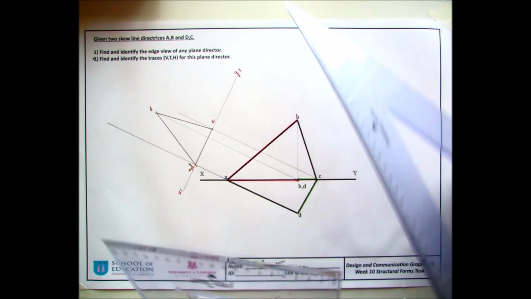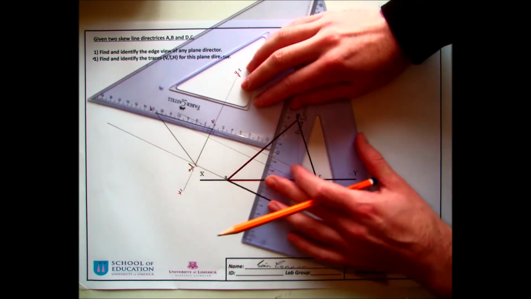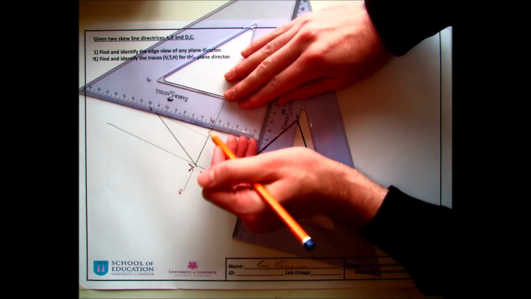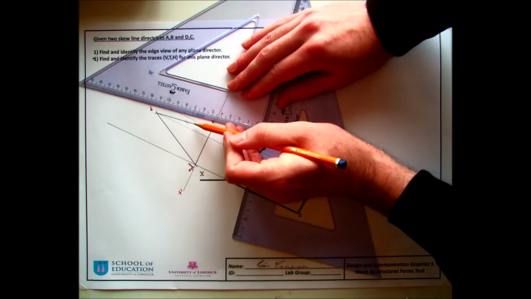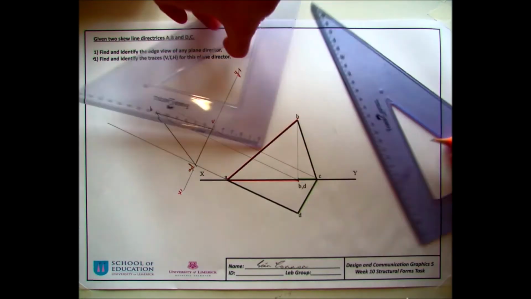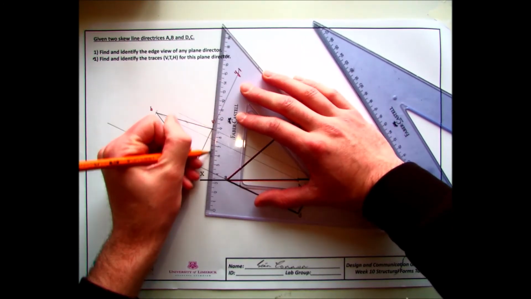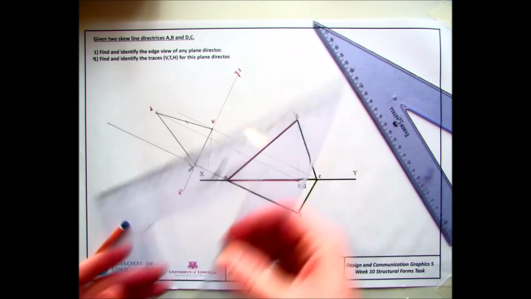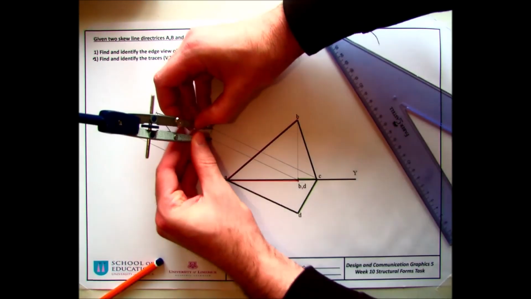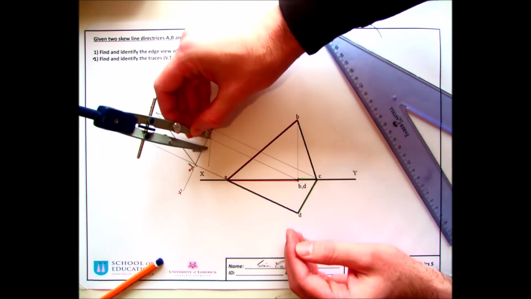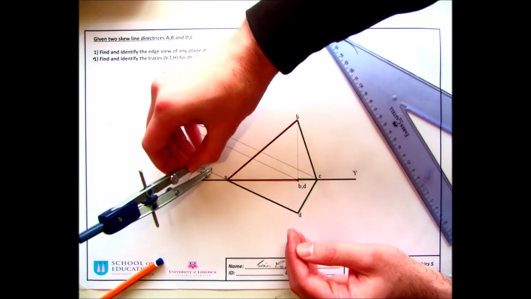So if we look here, I can start putting lines parallel to this line here, and what I'm going to do is BC, I'm going to do 4 of them evenly spaced. So if I just divide up my line, four.